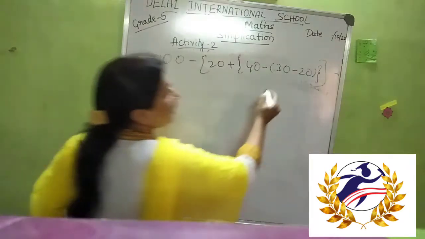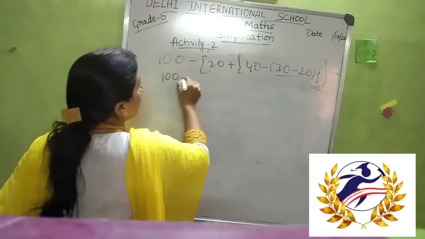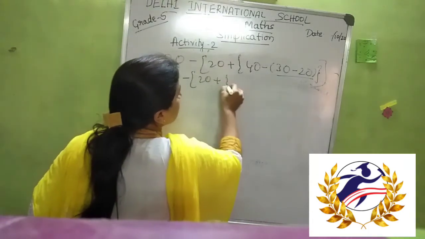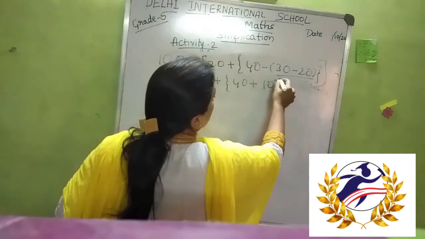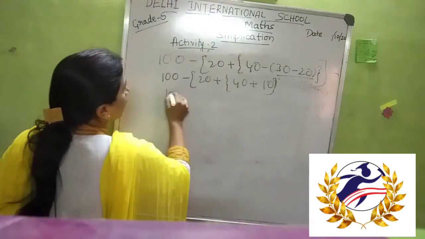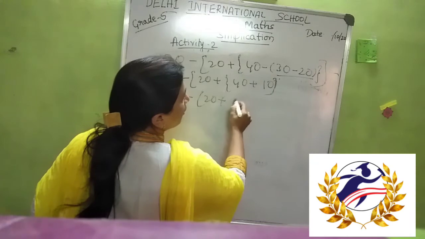First we need to solve the problem which is inside the small bracket. 30 minus 20 is 10. Then 100 minus 20 plus 40, plus 10 is 40.